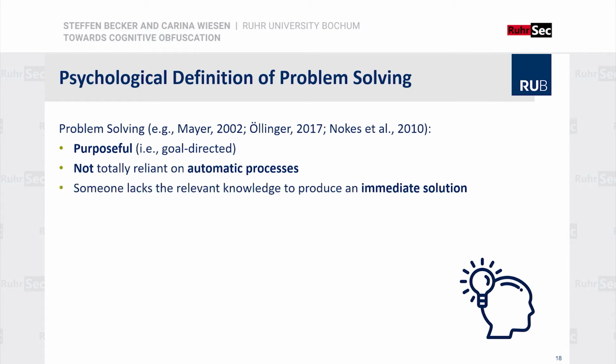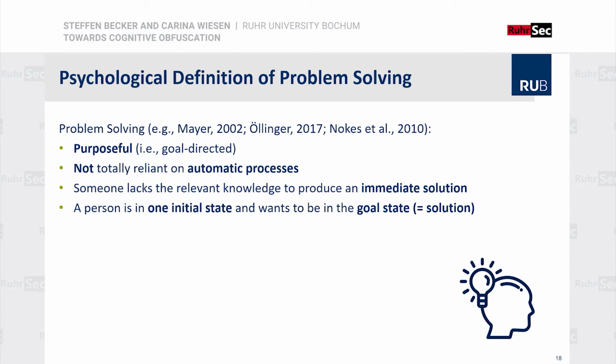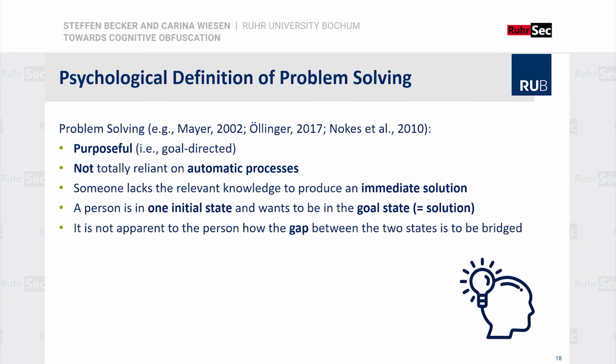Additionally, the problem solver lacks the skills and knowledge to produce an immediate solution. In general, at the beginning of a problem-solving setting, the problem solver is confronted with the problem, meaning he or she is in an initial state. The desired solution is in the future and is defined as the goal state. In the initial state, it is not apparent to the problem solver how to close the gap between initial and goal state.